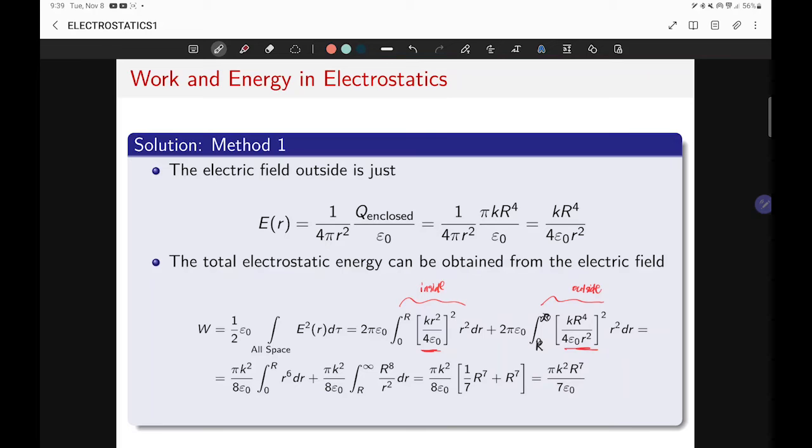Next, you integrate. Try to solve this on your own and see if you can get the detailed calculation. So that's why we have this equation, we have R to the 6, and then we also have this.